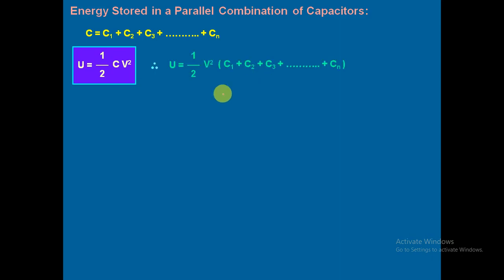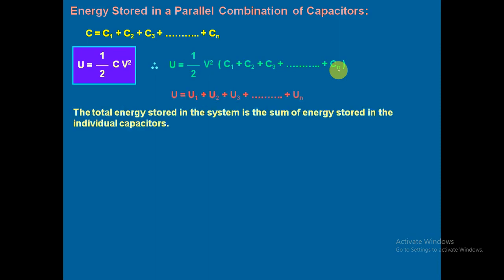So here also the total energy would be half C1 V square plus half C2 V square plus half C3 V square and so on. In other words, in parallel combination, the total energy is simply the sum of the energies of the individual capacitors. So in both cases, whether it is parallel or series combination, the energy of the individual capacitors gets added up to give the total energy of the combination.